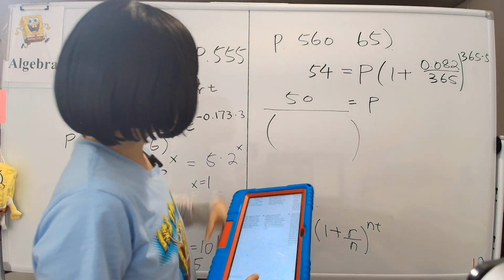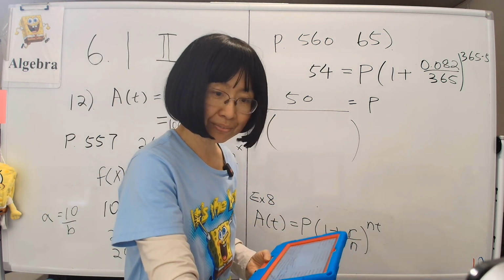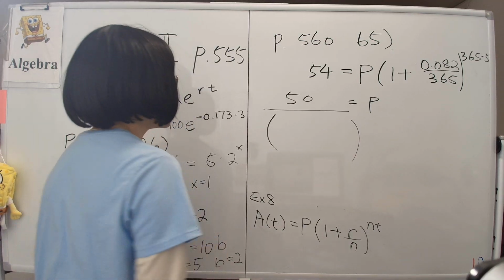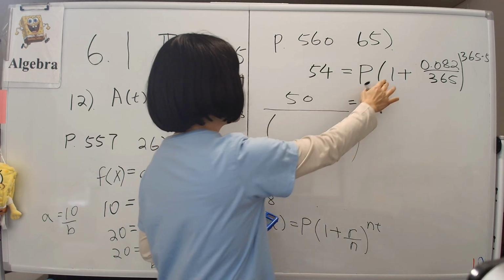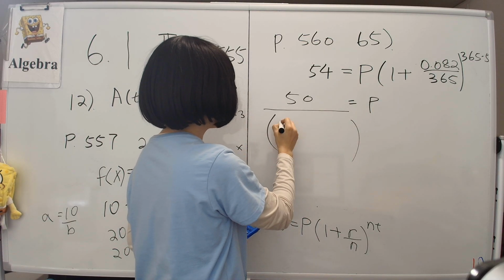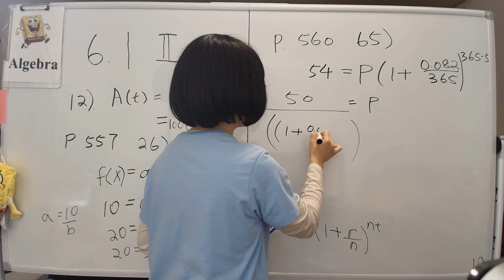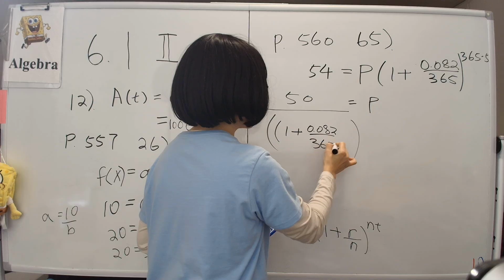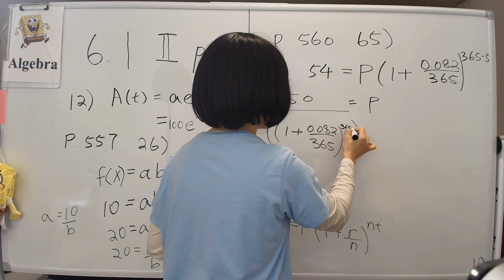So please type that into the calculator, and I will do the same. I'll write it down to make it clearer, putting in extra parentheses around the big expression: 1 plus 0.082 divided by 365, raised to 365 times 5.